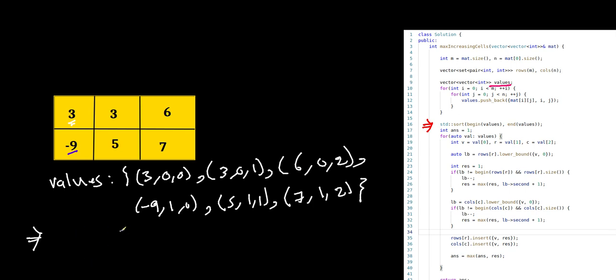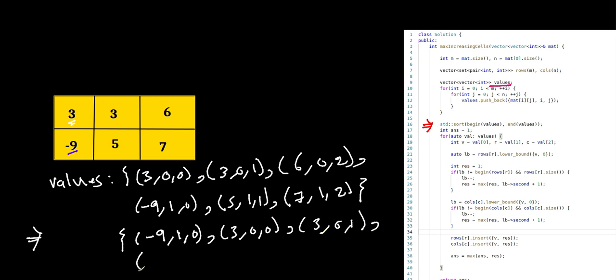So after sorting it, the first cell is -9, 1, 0, then 3, 0, 0, then 3, 0, 1, then 5, 1, 1, then 6, 0, 2, then 7, 1, 2.